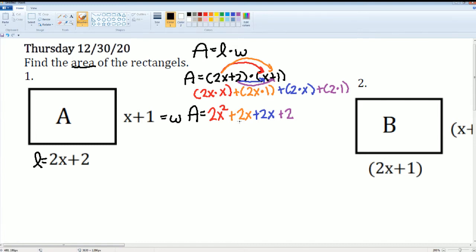Notice these two can be simplified, 2x plus 2x. So the area of this triangle is equal to 2x squared plus 4x plus 2. Notice I found the area by doing the product of these two polynomials. Okay? All right.